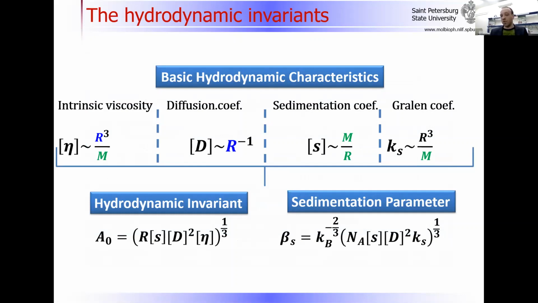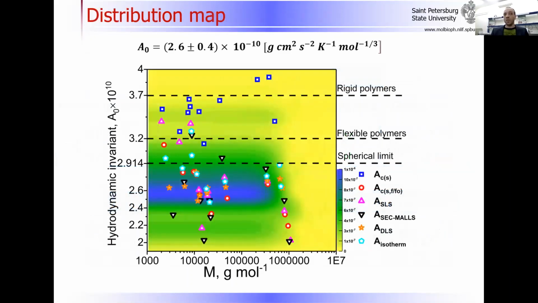So there must be some interrelation, and it was found in the form of the hydrodynamic invariant, the sedimentation parameter. Why is it invariant? Because it was found to be invariant for certain classes of polymer architectures or conformations.